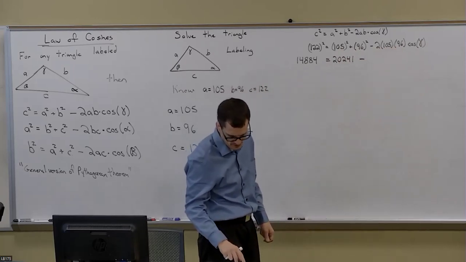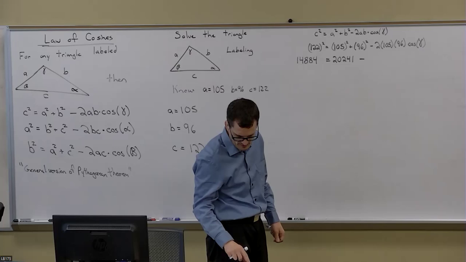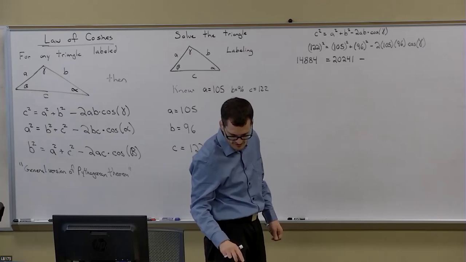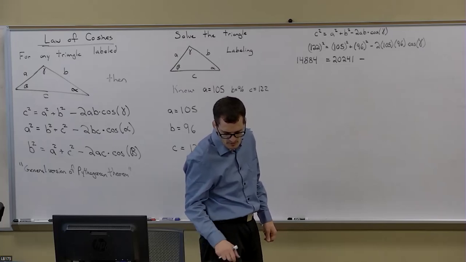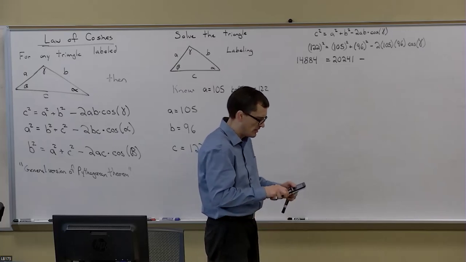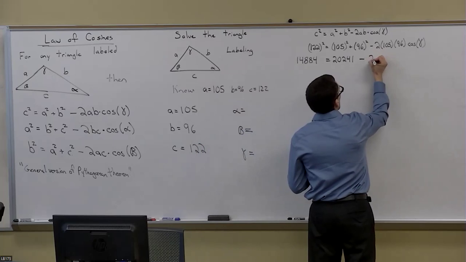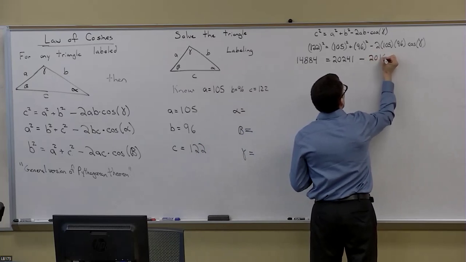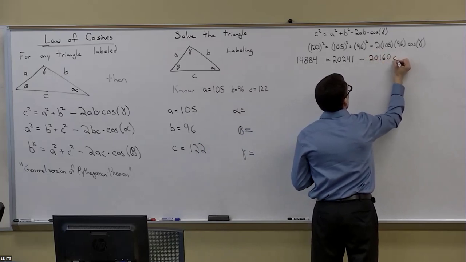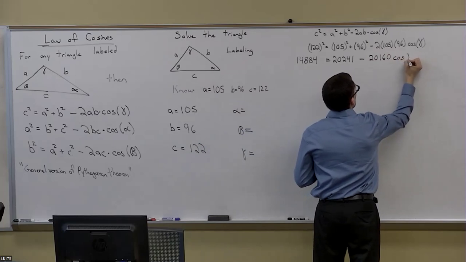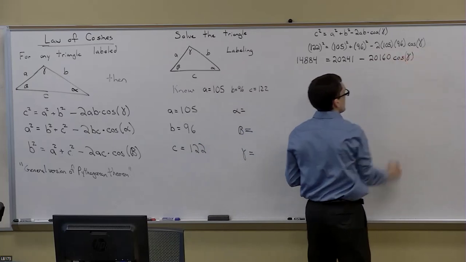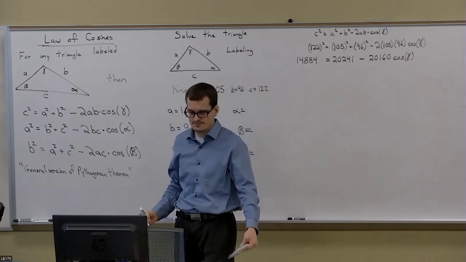I should say negative 2 times 105 times 96. But I get negative 20,160, and that's all being multiplied by the cosine of gamma.